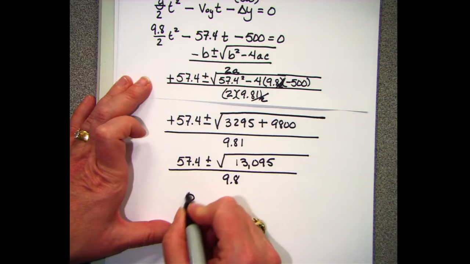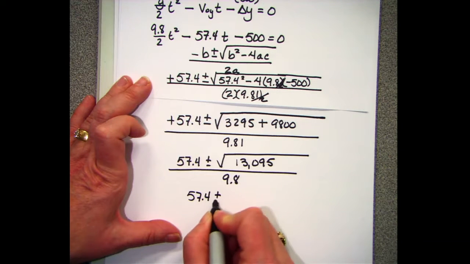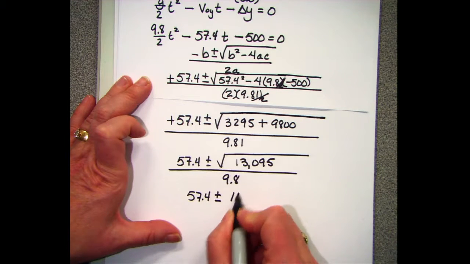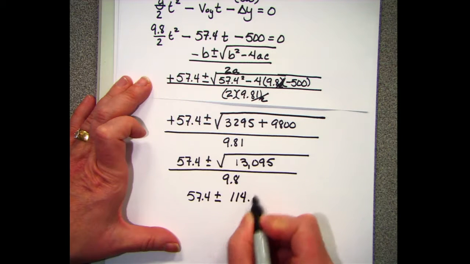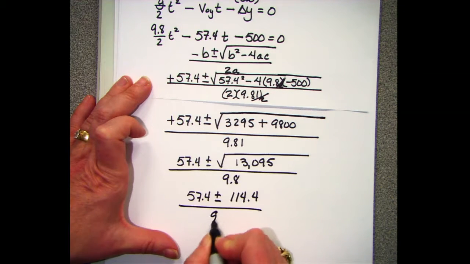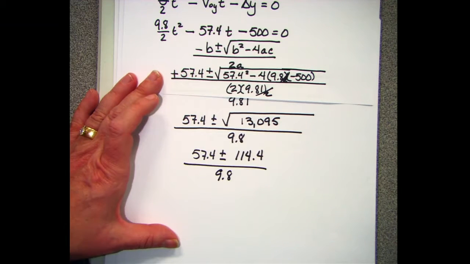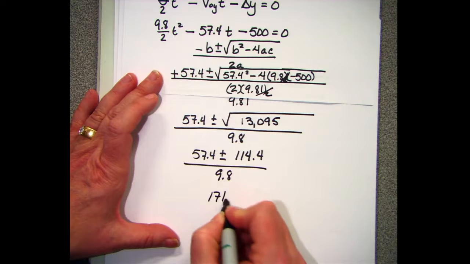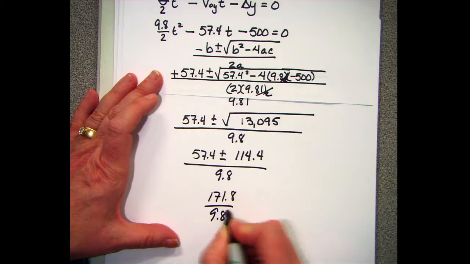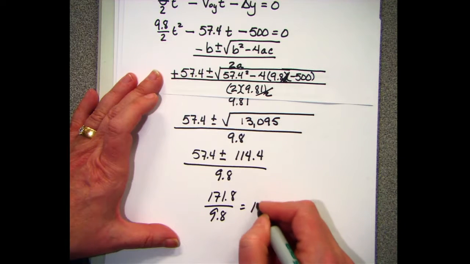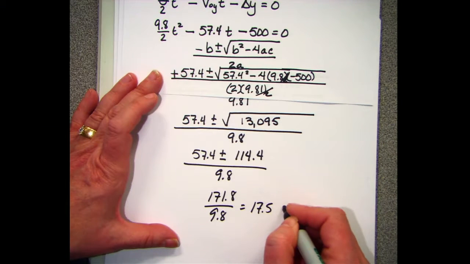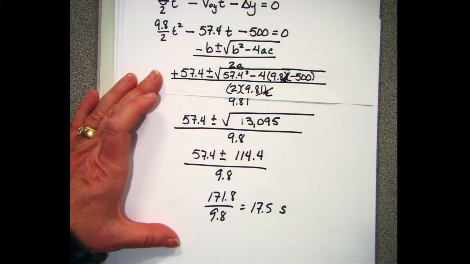So I end up with 57.4 plus or minus 114.4 divided by 9.8. So in one case, plus 57.4, I get 171.8 divided by 9.8. And that gives me 17.5, and this is all going to be in seconds.